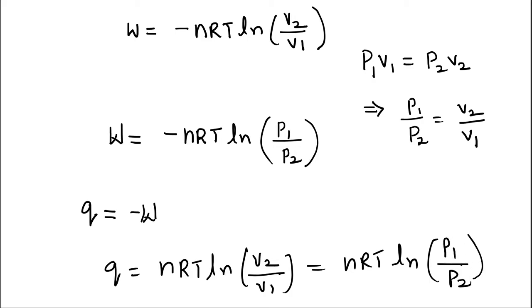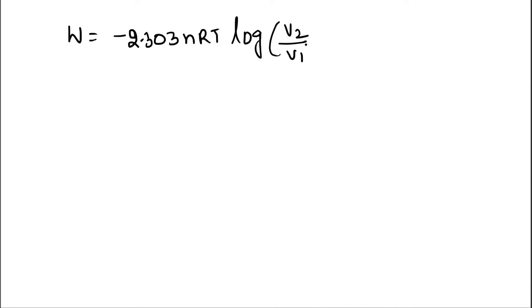So these can be expressed in simple logs also. Therefore work equal to negative 2.303 nRT log V2 over V1, which is equal to negative 2.303 nRT log P1 over P2.